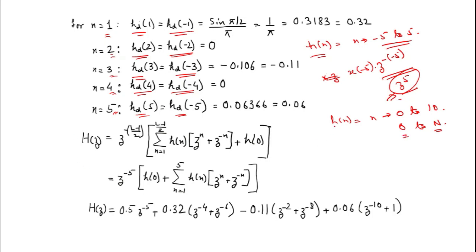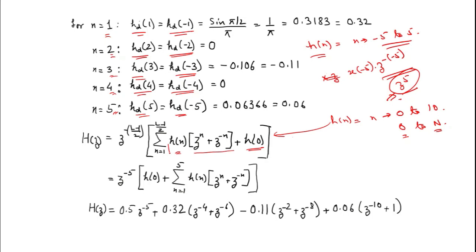So for doing that, we use this equation: H of z equals z to the power minus (L minus 1) by 2, multiplied by the summation of n equals 1 to (L minus 1) by 2 of h of n multiplied by (z to the power n plus z to the power minus n), and then plus h0.